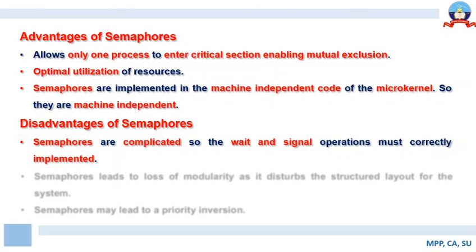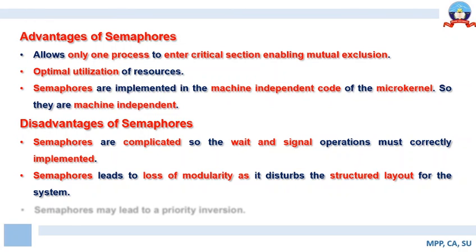Any disturbance in the order of execution of wait and signal would make the entire process of synchronization very complex. So semaphores are complicated, and wait and signal operations must be correctly implemented.